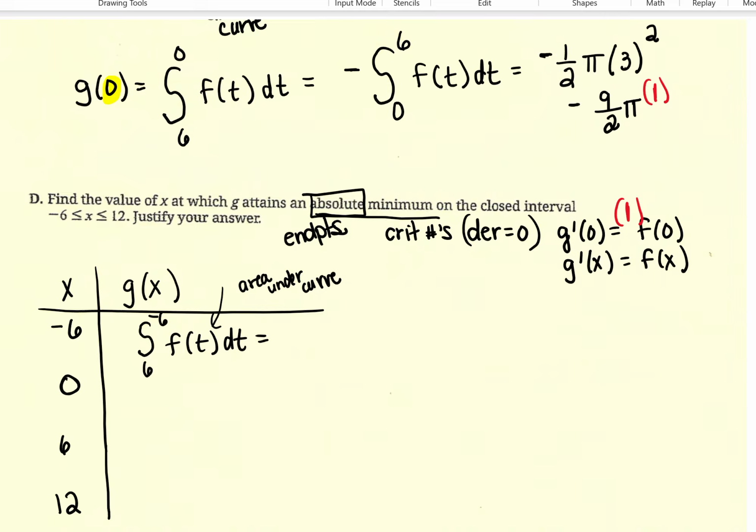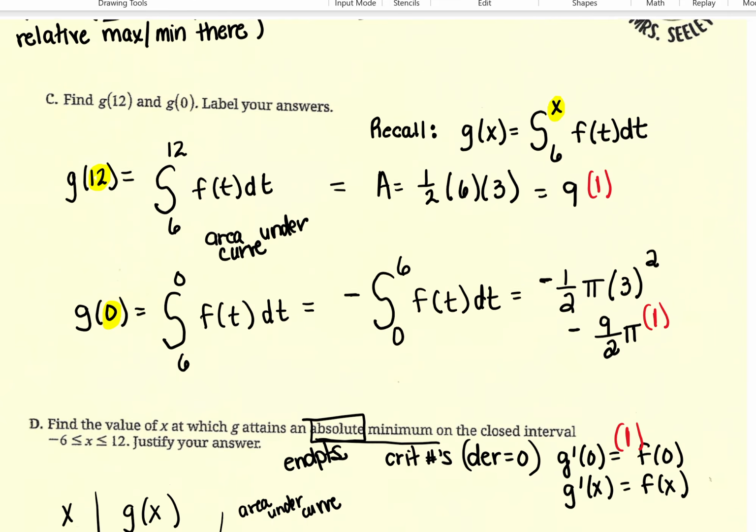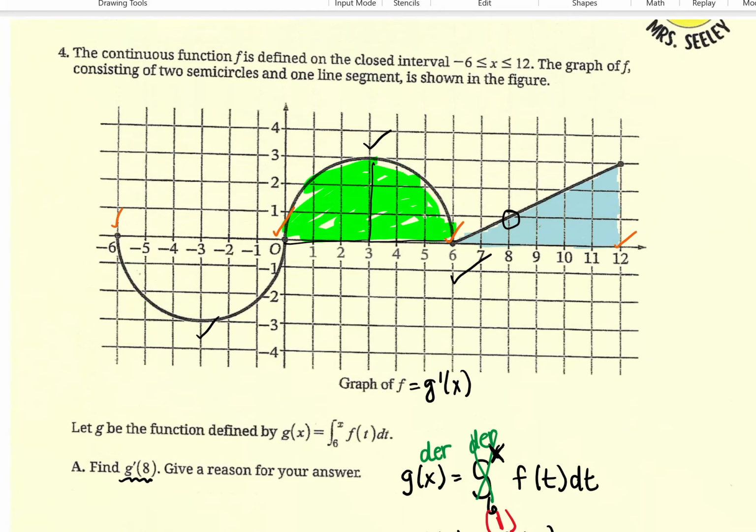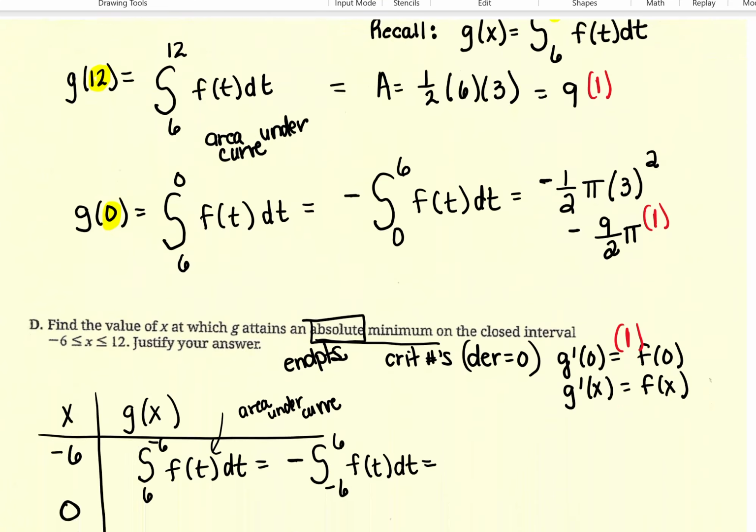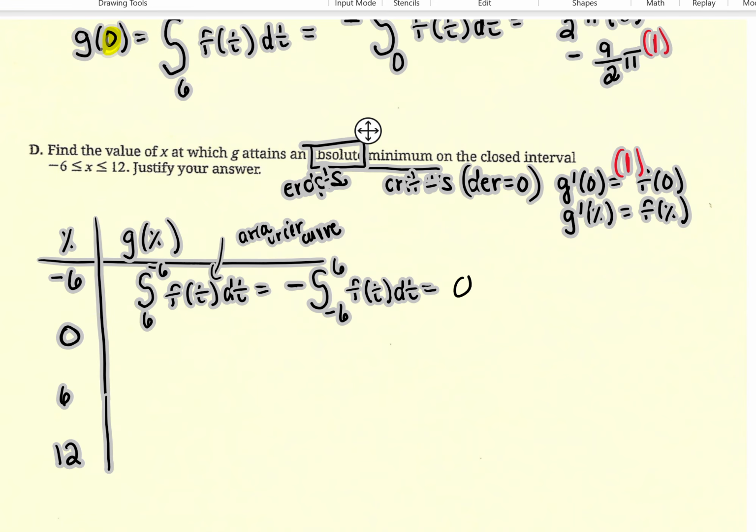I'm going to have to reverse that again because they're messed up. So flip that and put your 6 here and your -6 here. So let's run back up to this graph, and let's go from -6 to +6. If I go from -6 to +6, I can see that I've got half a circle underneath and half a circle above, and they're just going to cancel each other out and give me 0 for that value. So that one's equal to 0.